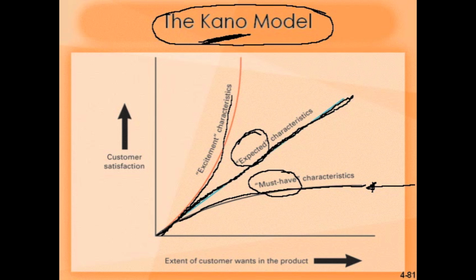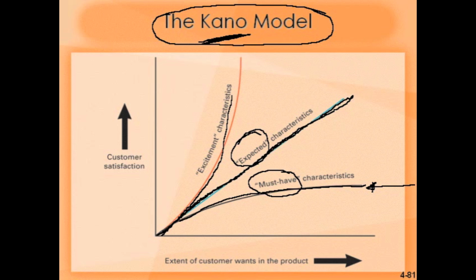For example, if you take an example from the past, maybe 10 years back, the basic purpose of a cell phone was to talk, so that you can talk anywhere you go. Now suddenly a manufacturer came out with a cell phone which has a camera. So that was an excitement factor or characteristic.